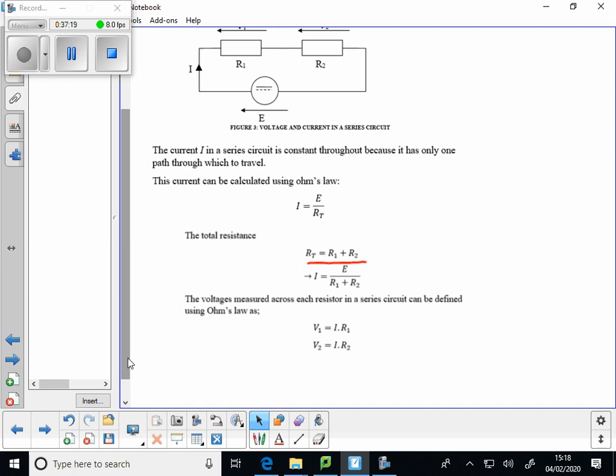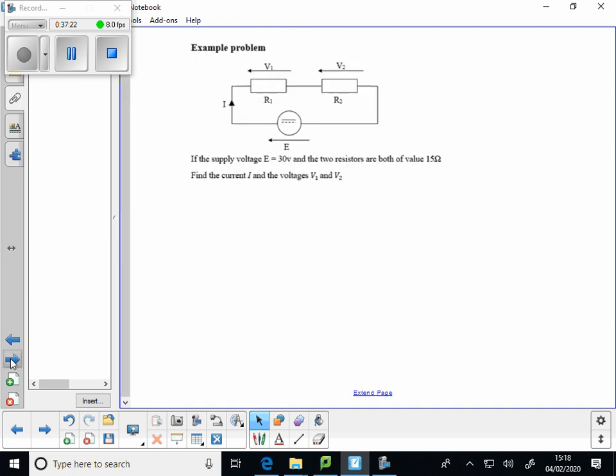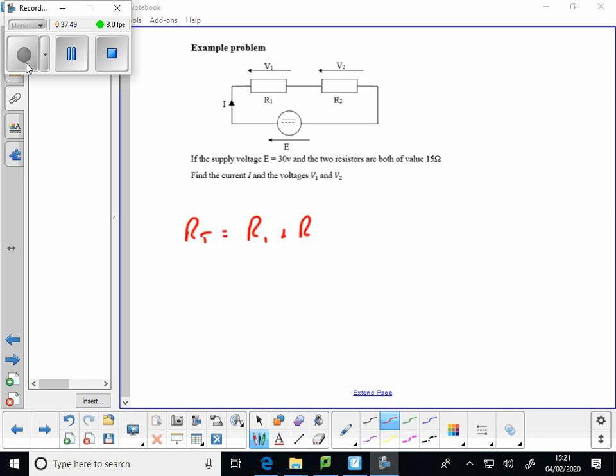So, looking at the example problem: a supply voltage of 30 volts and two resistors both 15 ohms. Find the current I, and the voltages V1 and V2. RT is 15 plus 15, 30 ohms.